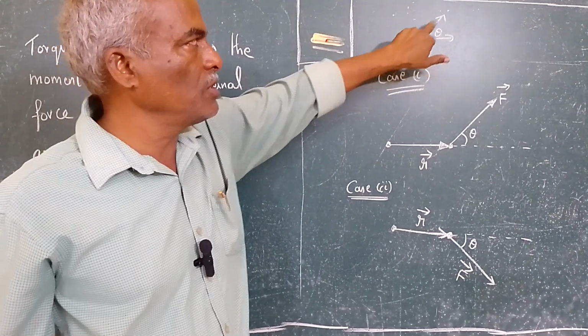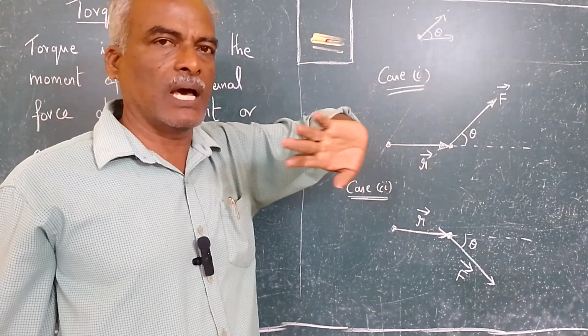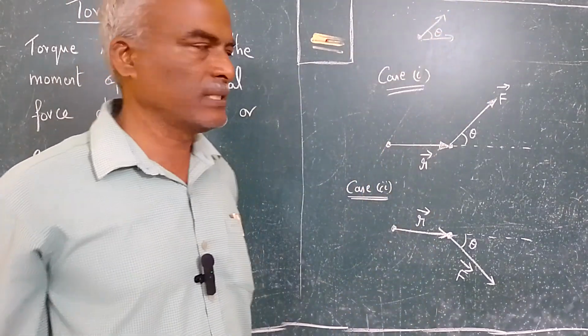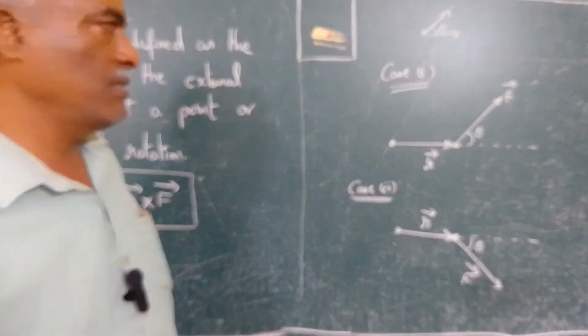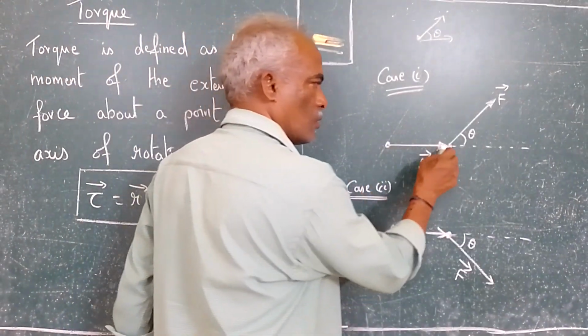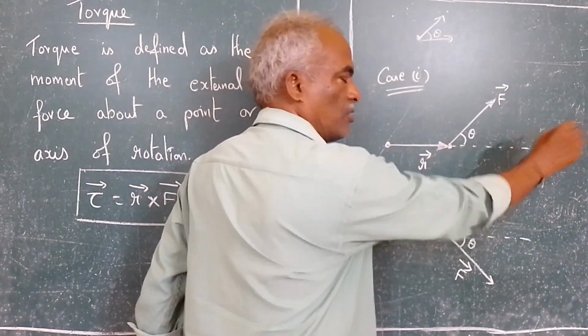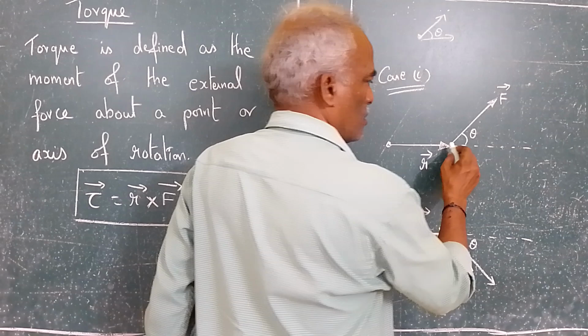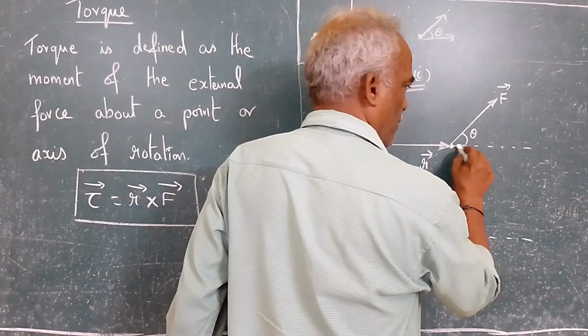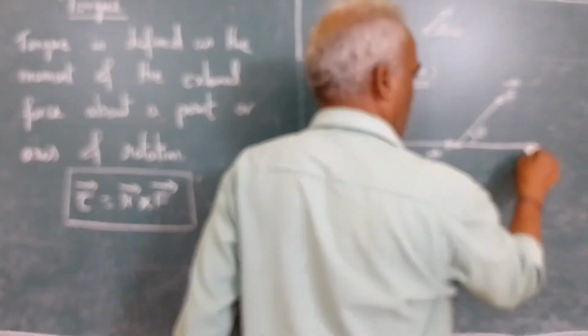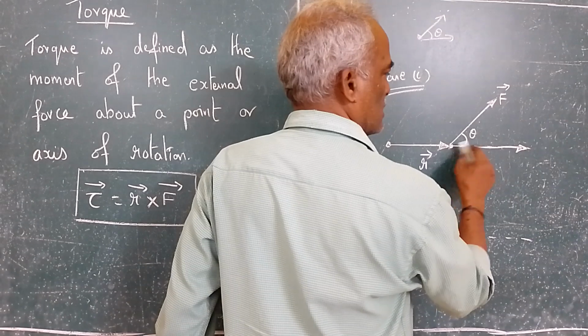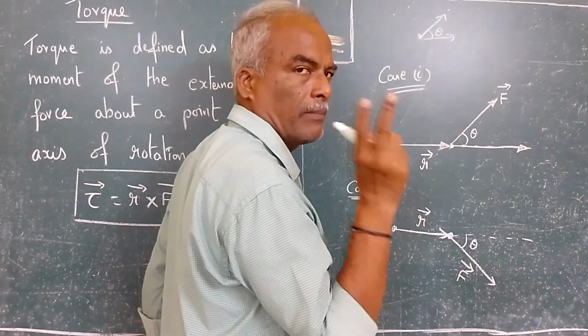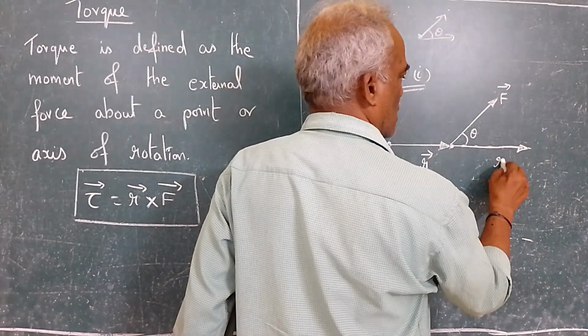From a point, these two vectors are directing outwards. So since this vector is going in this direction, it continues to go in that direction. So you just draw the same magnitude here also. So this length and this length, or the magnitude, are same. So this is R vector.